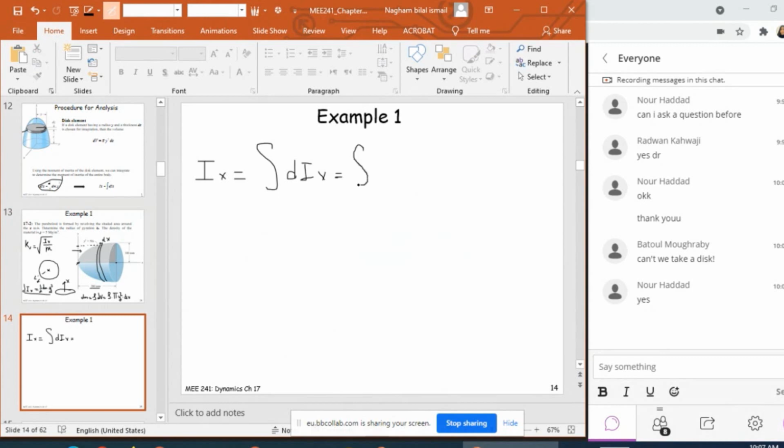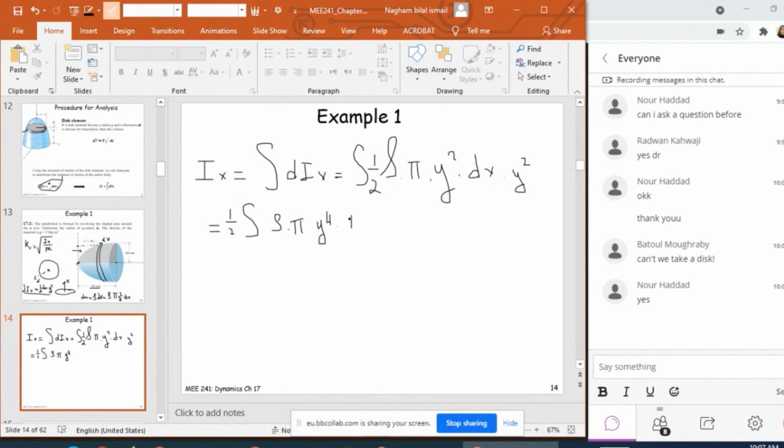So it is the integration of rho, which is constant, times pi, which is also constant, times y squared, times dx, and then half dm times another y squared. All right, which means it is the integration of rho, which is also constant, pi y to the power 4 dx.